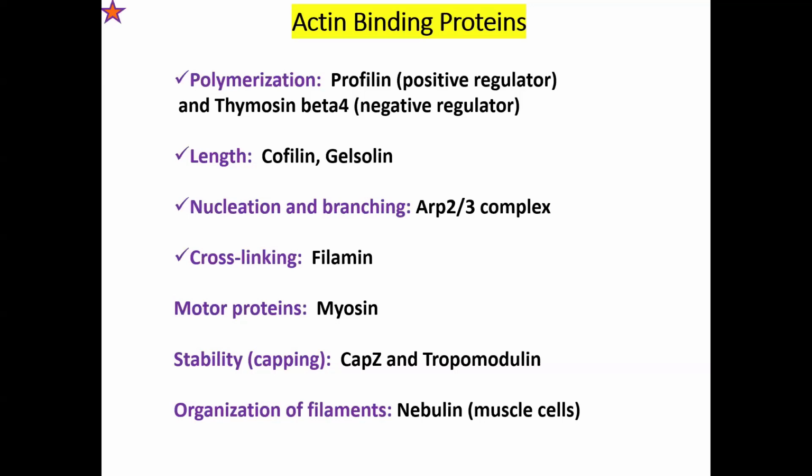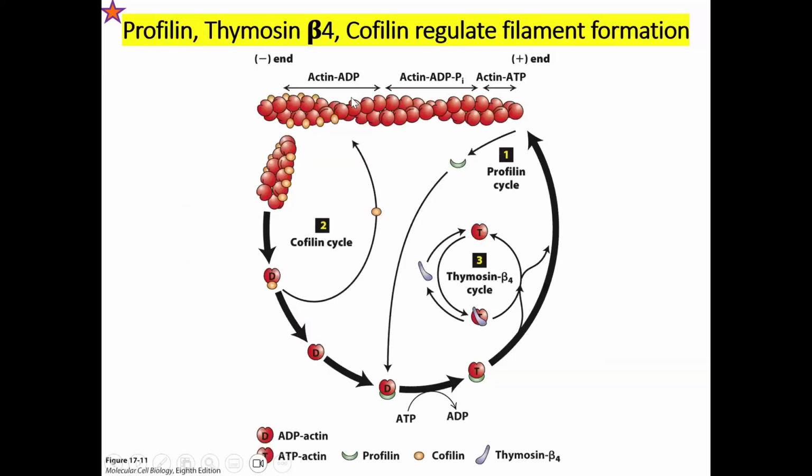So let's take a look at the first ones. Here, at the top, we are looking at an actin filament, plus end and minus end, and I'm starting from the minus end. You know that the actin ADP will dissociate depending upon the critical concentration, but the rate of dissociation for practical physiological purposes is slow.